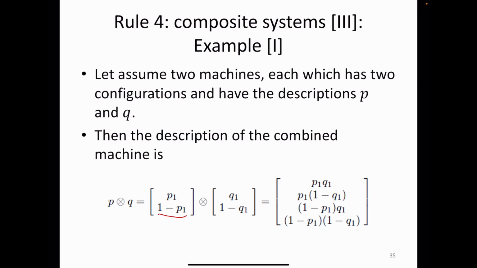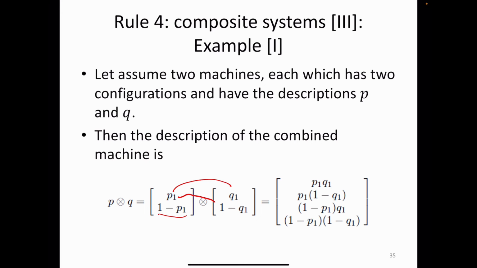So if we do the tensor product again, like we did before, and just with probabilities here, we have p sub 1 times q sub 1, and we have p sub 1 times 1 minus q sub 1, 1 minus p sub 1 times q sub 1, and 1 minus p sub 1 times 1 minus q sub 1.